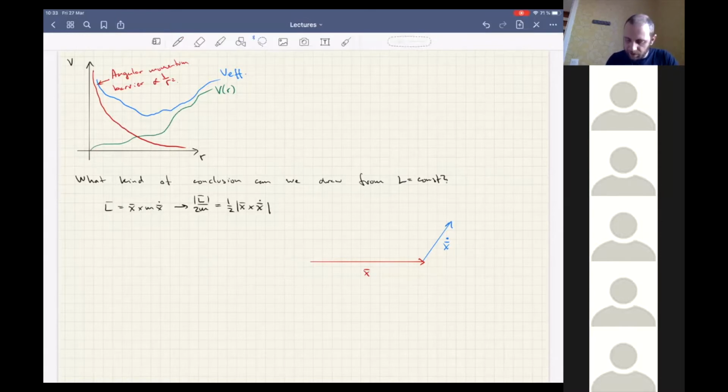So in essence, if I take these two and do this, this area here that I have spanned, that's the absolute value of the cross product between x and x dot.